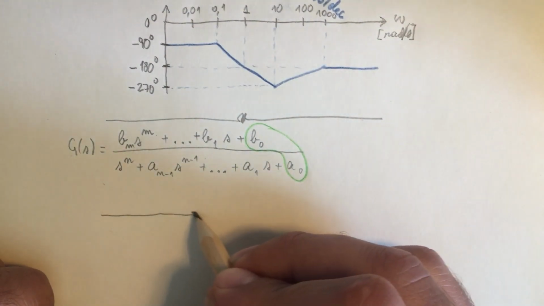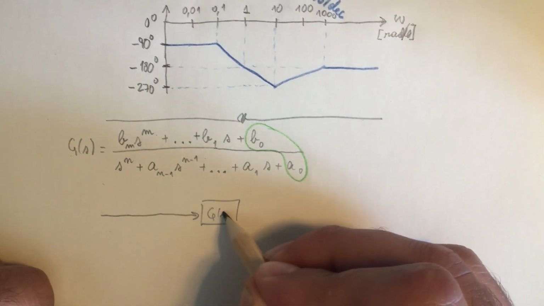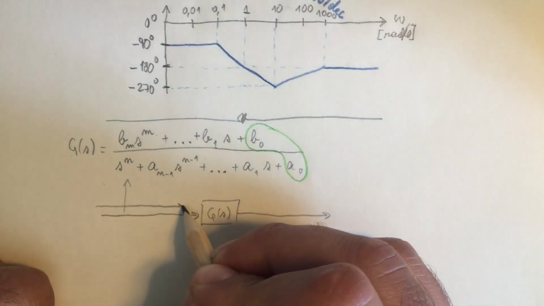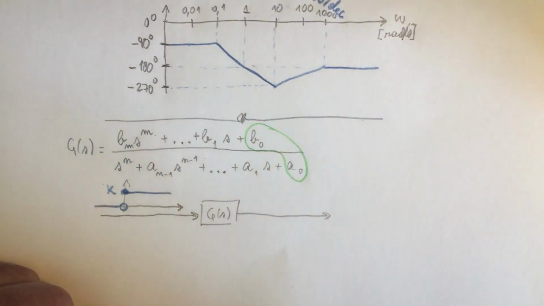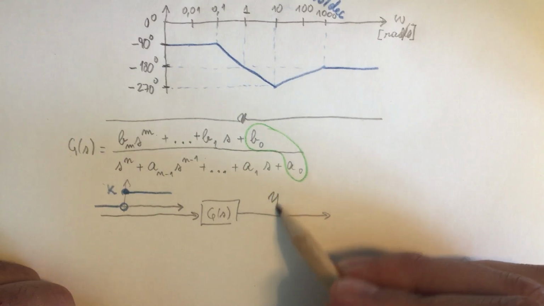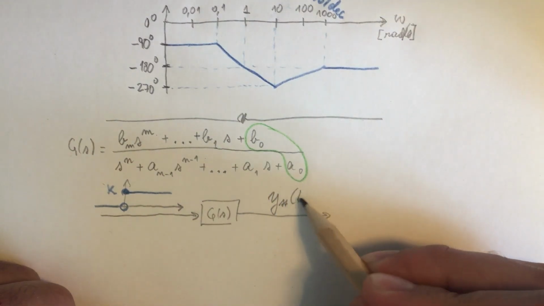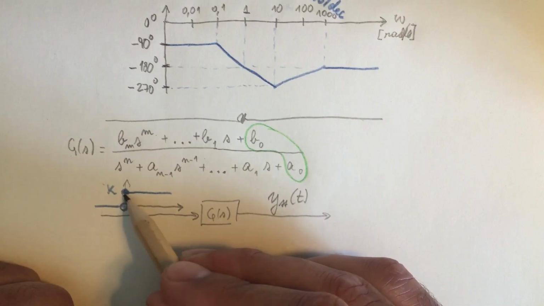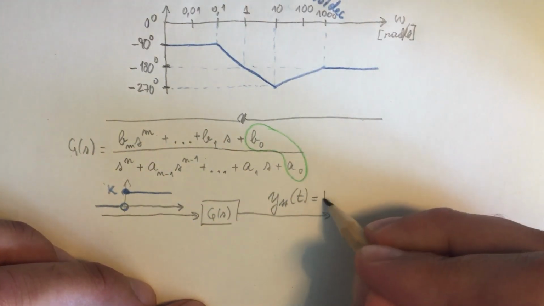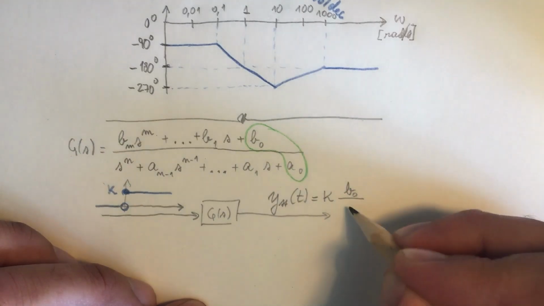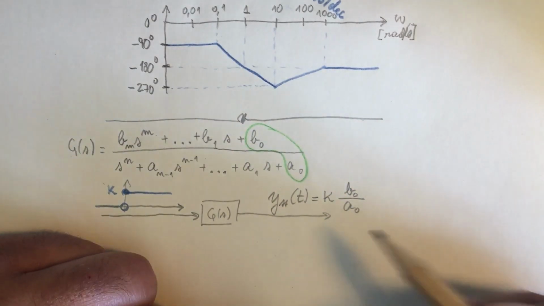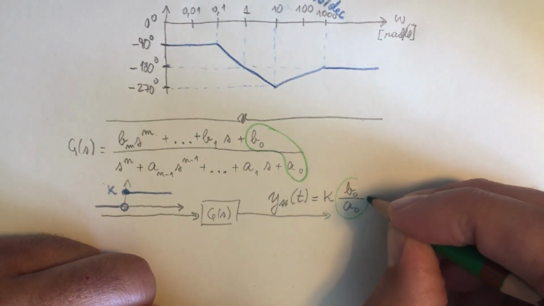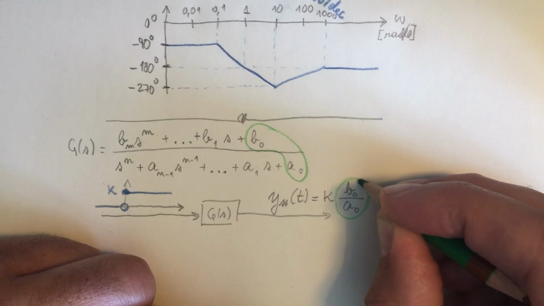If the input to this transfer function is a step with an amplitude which is not 1, then the steady state output for a step with an amplitude k will be k multiplied by b0 divided by a0. This is what we call the gain of the transfer function.